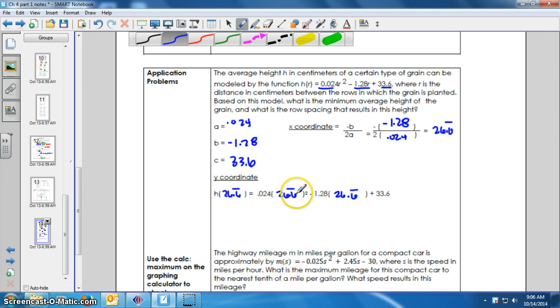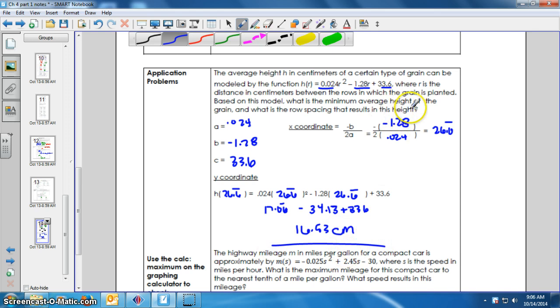You would then square this and then multiply these two things. So squaring and multiplying here would get me 17.06 repeating. And then multiplying these two things here would get me negative 34.13 repeating. And then I would add from left to right to get my answer of 16.53 repeating centimeters.